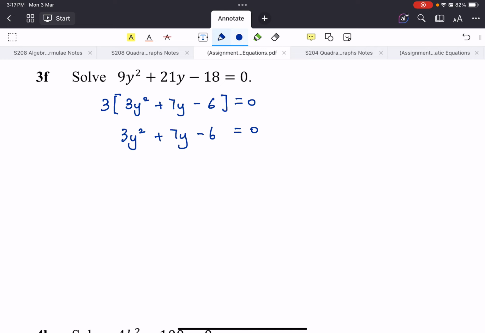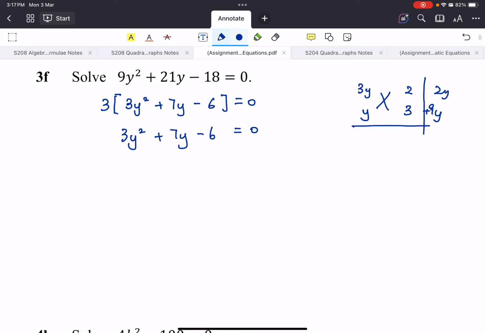Then after that, we can try to factorize this. There are a couple of different methods you can employ. One of the most basic ones that some of you may have learned is the cross method. In this case, we are trying to get the 7y. So 6 can be a couple of combos. It could be 2 by 3. Then I get 9y here and 2y here.